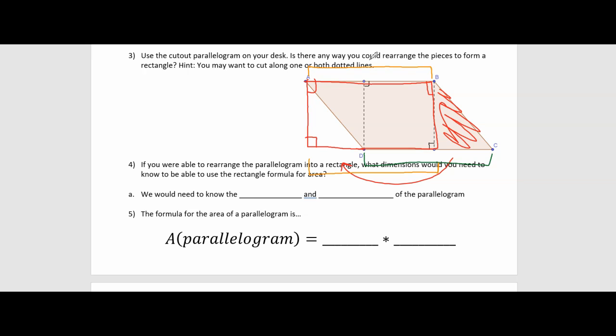But you're taking this little piece right here, and since you're moving that entire piece over here, the base of the parallelogram stays the same. The height also stays the same as well. And because we know that the correct formula for the area of a rectangle is base times height, well, if we can transform any parallelogram into a rectangle that has the same base and height as the original parallelogram, well, the area of a parallelogram is also going to be base times height.